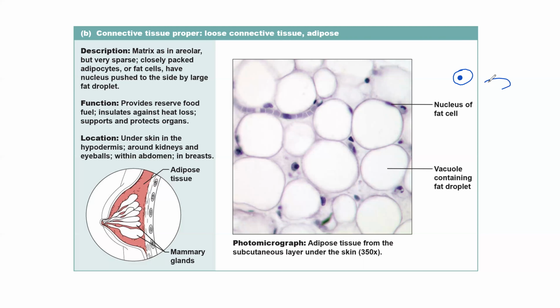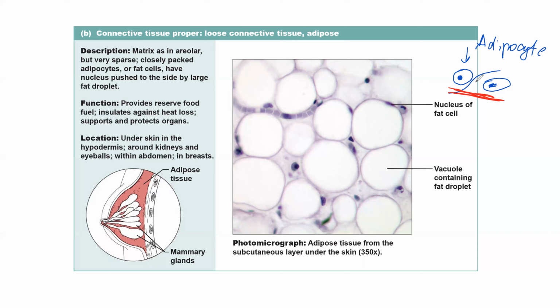So here's one, here's maybe another one. That will be my cell, adipocyte. And it would have a lot of matrix between them, similar to areolar.